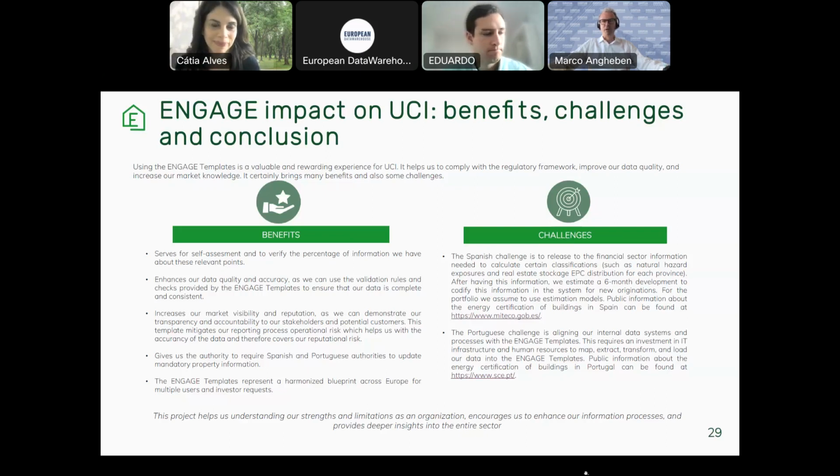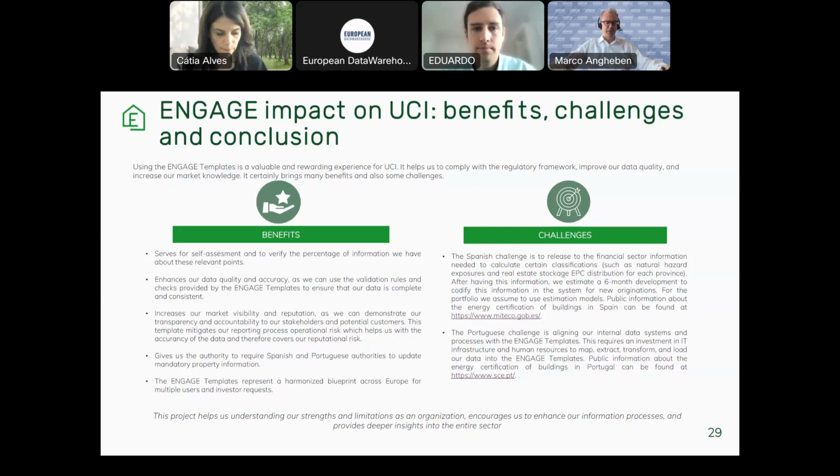Thanks, Katia. We have a couple of additional questions. Maybe I start from the last one. And the last one is actually important because it goes to the core of the Engage for ESG initiatives. The question is, how are confidentiality issues being resolved? Clearly, Eduardo, you mentioned earlier the matter of the address.